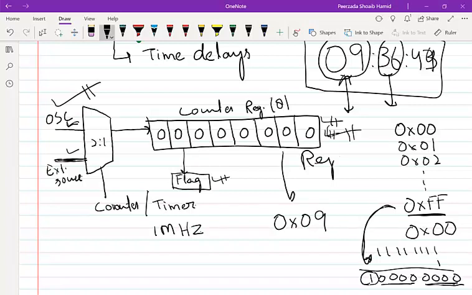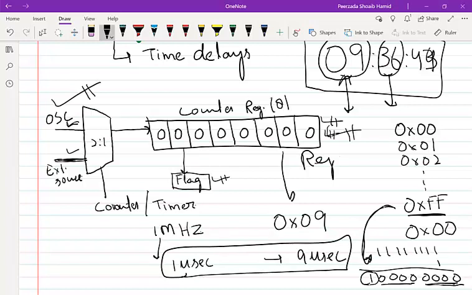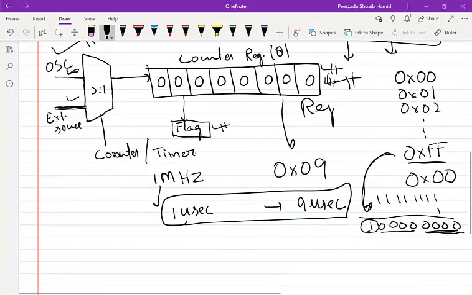That means 9 time periods have elapsed. Since the frequency is 1 megahertz, one time period will be 1 microsecond. That means 9 microseconds have elapsed since the counter register was reset.